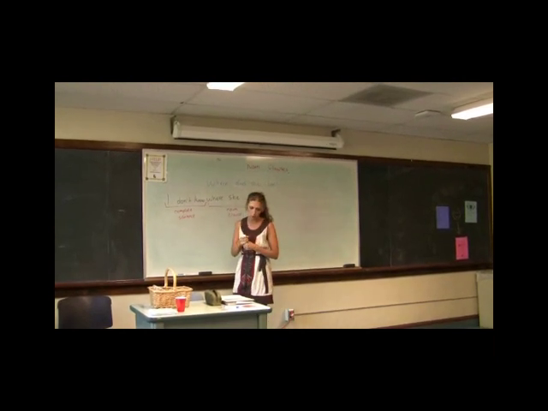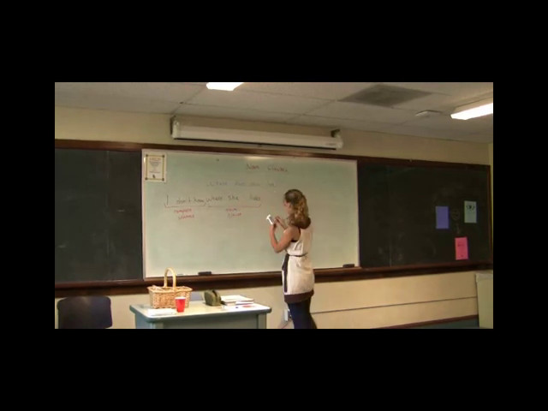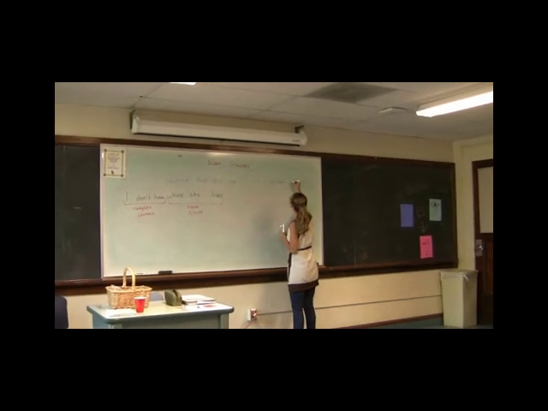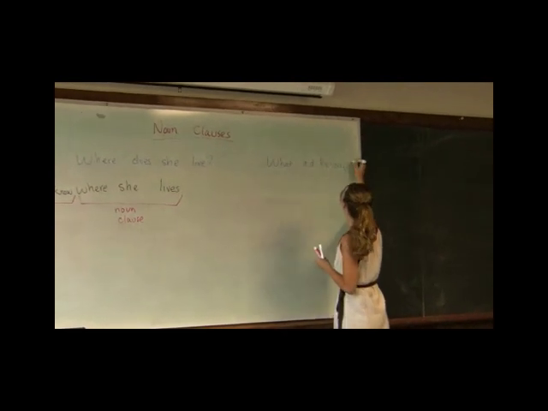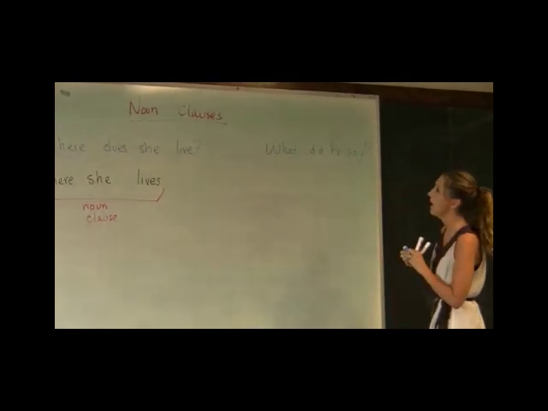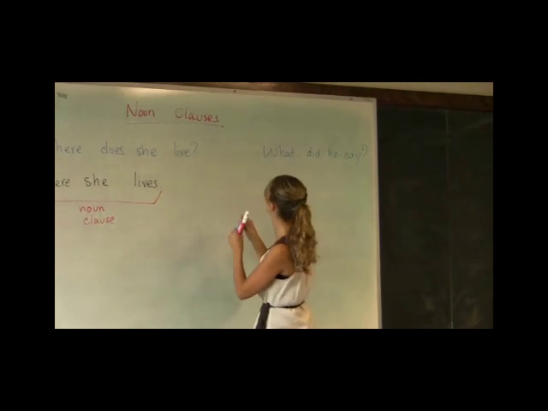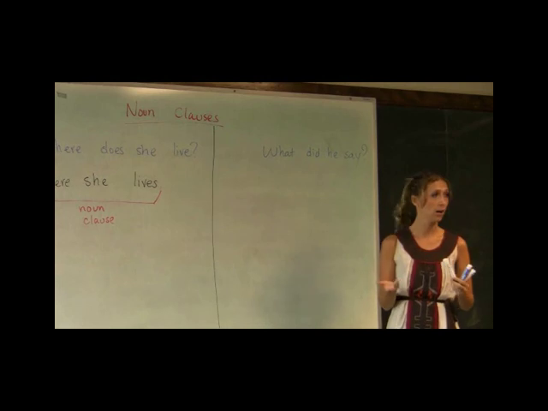All right, I'm going to do another one. If I say, what did he say? I'm going to write it here. Okay, what did he say? How would I answer the same way I answered over there, but over here? So I can say, I don't know what she said.